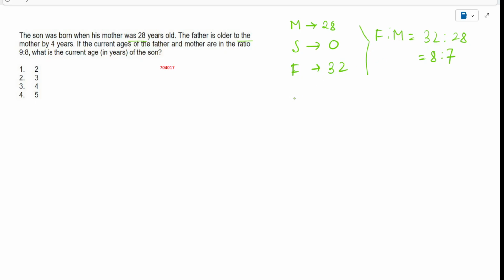Now, the current ratio of their ages is 9 is to 8. That is, whatever the age of the son, this is the increment in age. Suppose x is the age of the son.